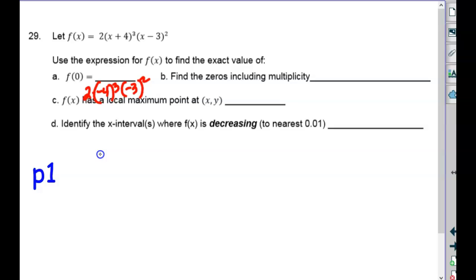Okay, this one goes up really high, comes back down, and all kinds of crazy business.